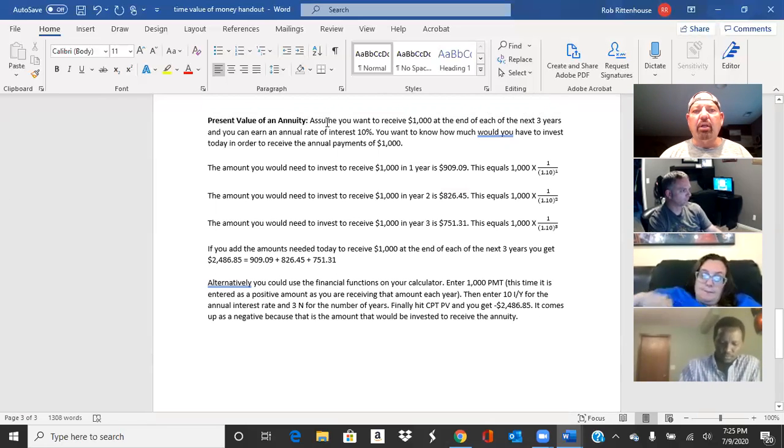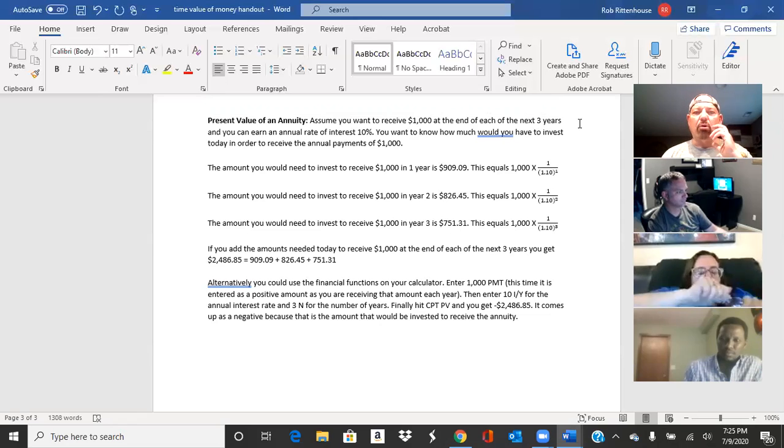Present value of an annuity. So assume now we want to receive $1,000 at the end of each of the next 3 years. We can earn an annual rate of interest again at 10%. We want to know how much we'd have to invest today in order to receive the annual payments of $1,000.